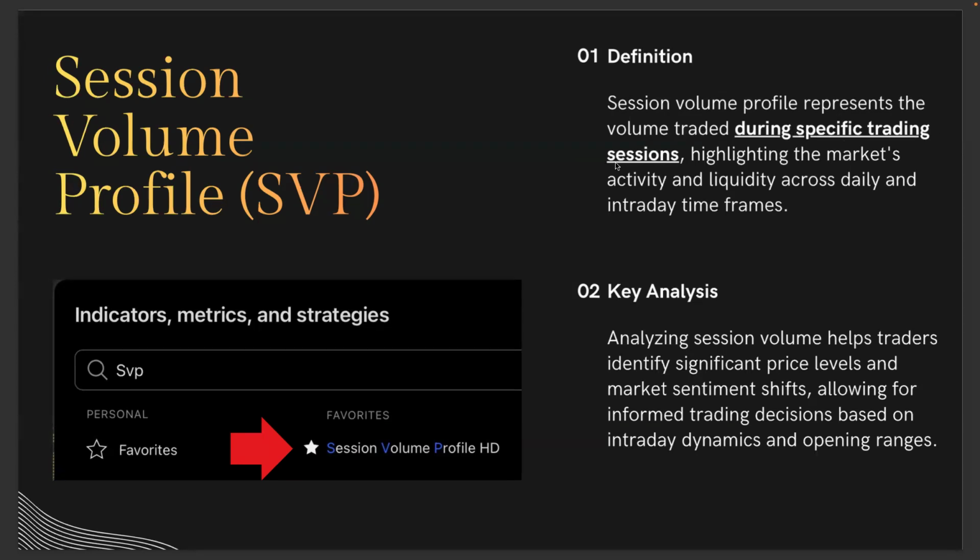You can set it in the settings so that it highlights only the New York session or only the Asia session. I usually set it up just for the day, so it shows me the volume of the day. That one you can find in the indicators, and it's called session volume profile.